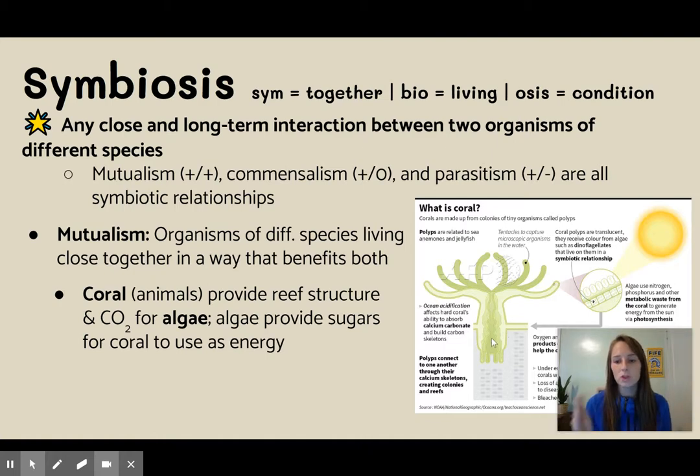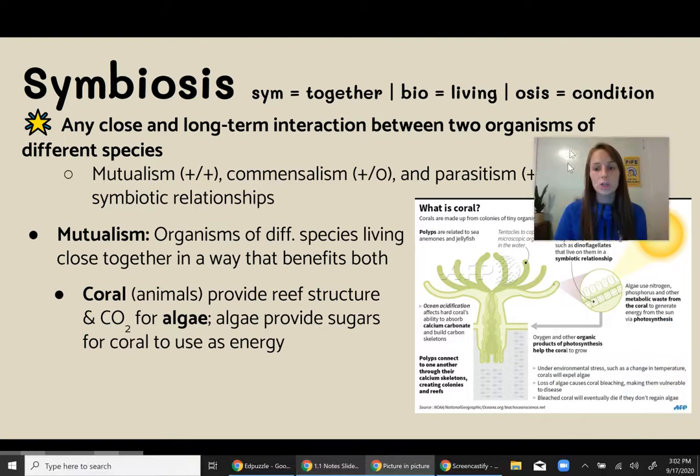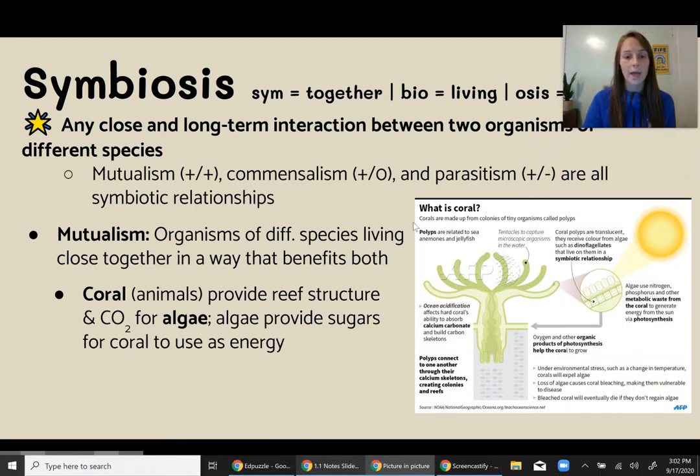And this is beneficial for both the coral and the algae, because the coral, through cellular respiration, gives off CO2, which algae takes in, and then it creates sugars through the process of photosynthesis. And those sugars are going to then provide energy for the coral, because the coral can eat it. So they have this awesome relationship where they are both getting a benefit out of this.